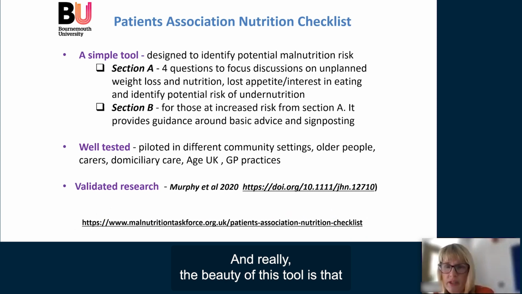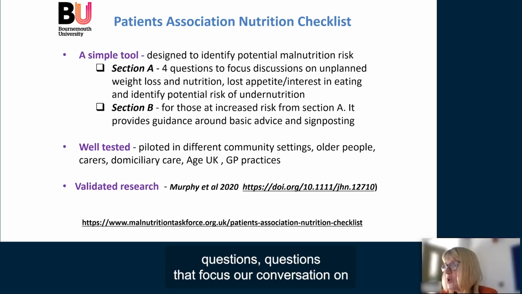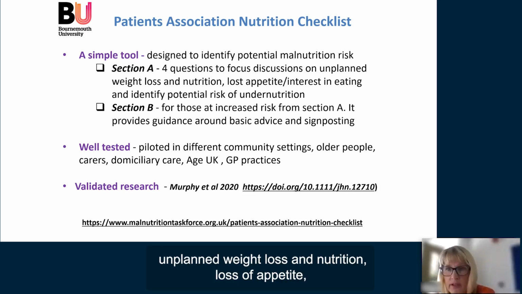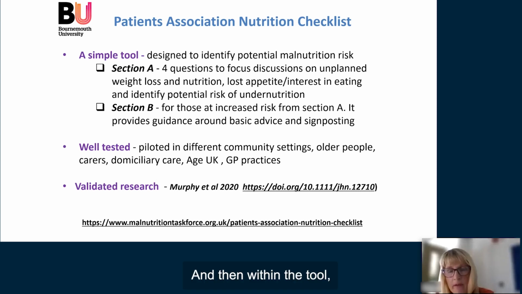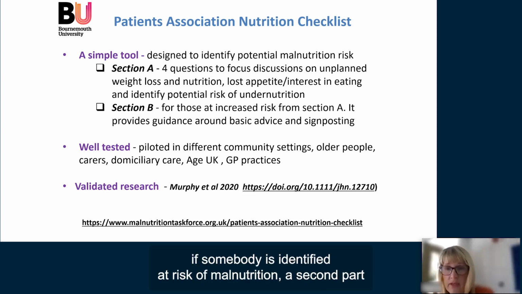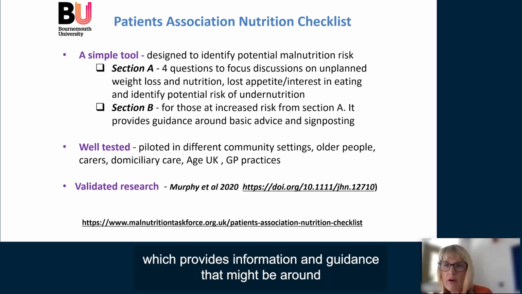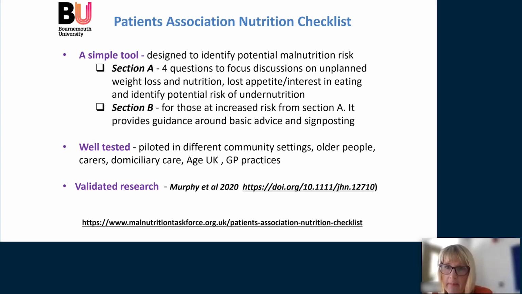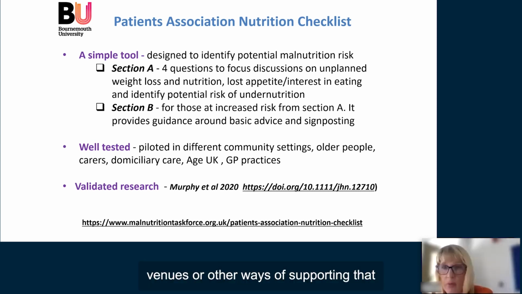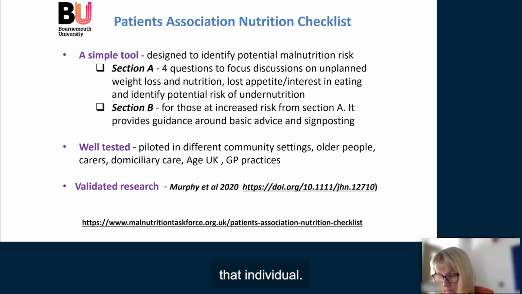And really the beauty of this tool is that there are 4 key validated questions that focus conversation on unplanned weight loss and nutrition, loss of appetite and interest in eating, and identify the potential risk of undernutrition. And then within the tool, if somebody's identified at risk of malnutrition, a second part provides information and guidance that might be around basic advice for eating and drinking, or signposting to other venues or other ways of supporting that individual.